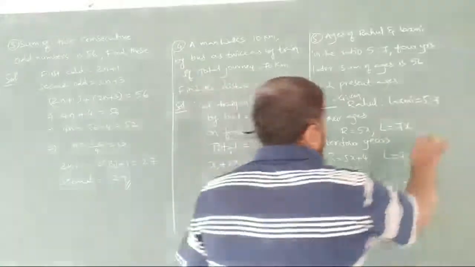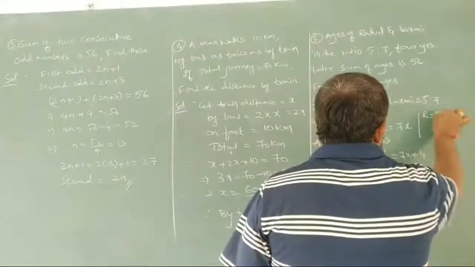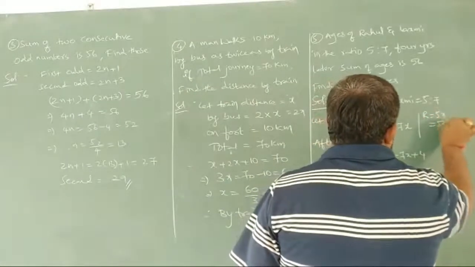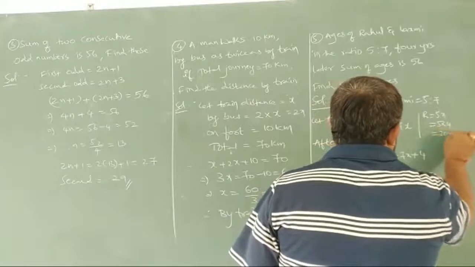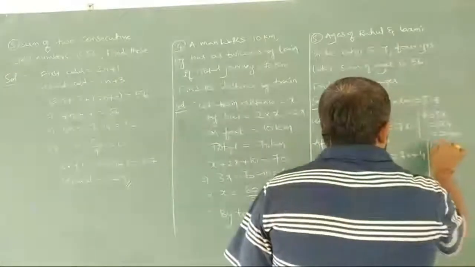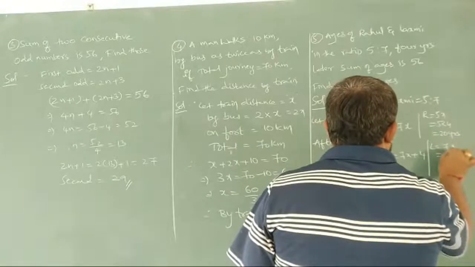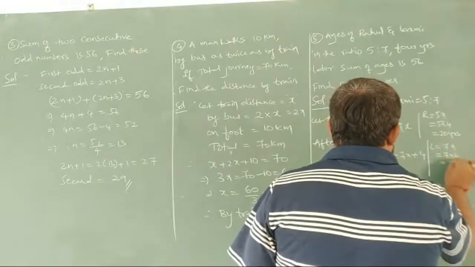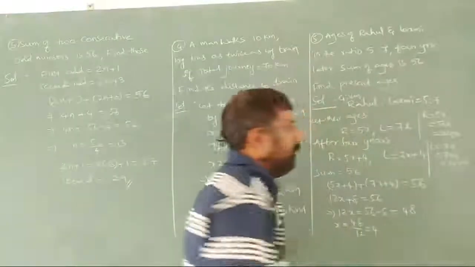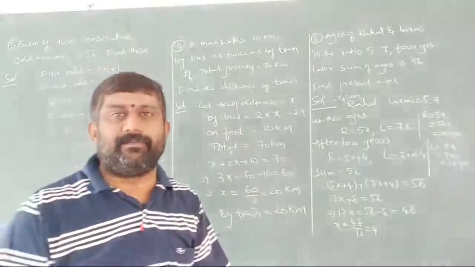So we can write, Rahul 5x, nothing but 5 into 4 is 20 years. Lakshmi 7x, nothing but 7 into 4, nothing but 28 years. So this is the answer we need here.